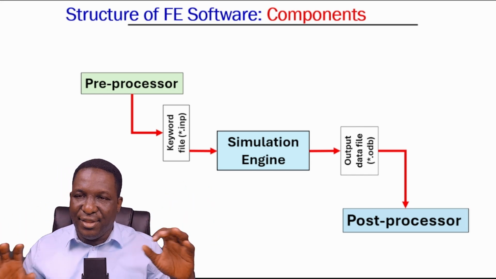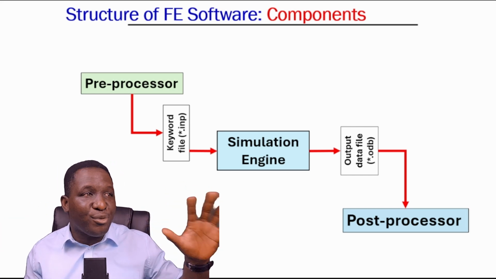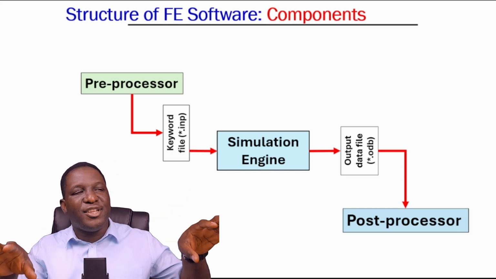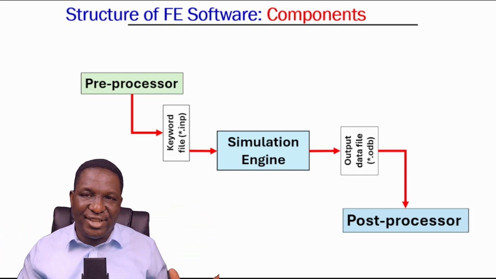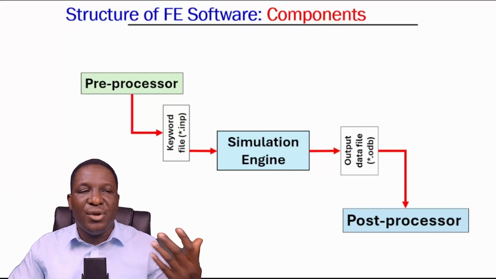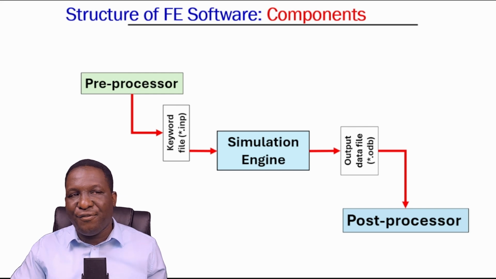And this is essentially the backbone of every finite element solver, from preprocessor to simulation engine to post-processor. In the remainder of this video, we'll be focusing on each of these stages, delving deeper into what is really happening within them, so that you can understand what is going on within your solver.